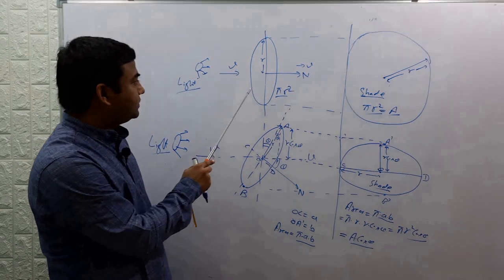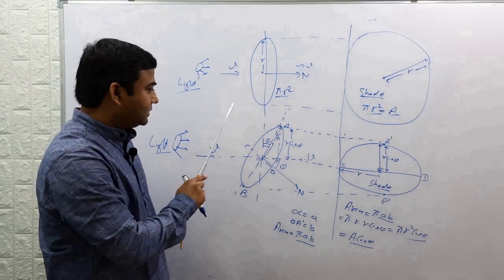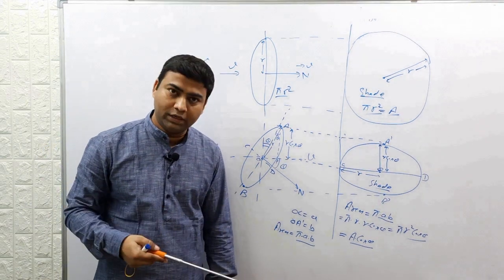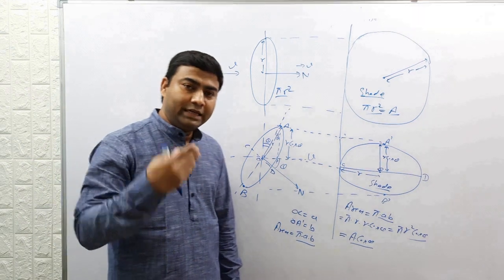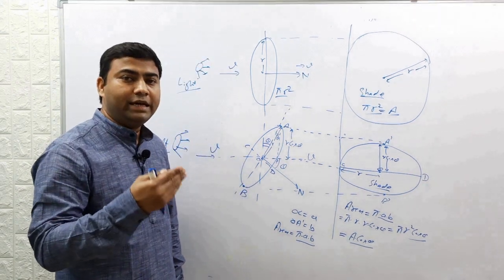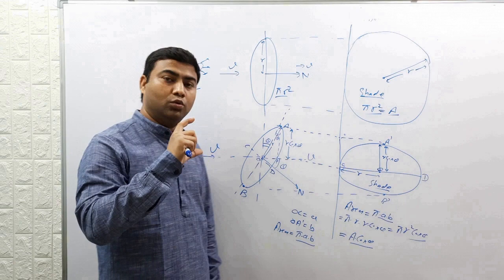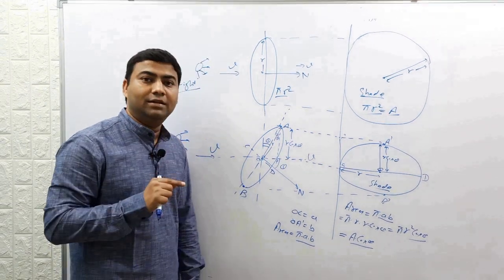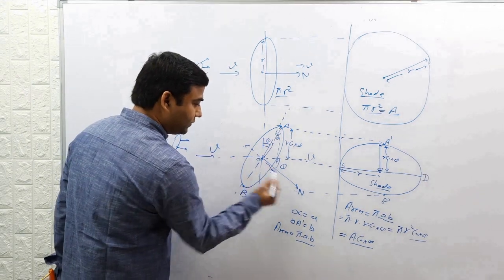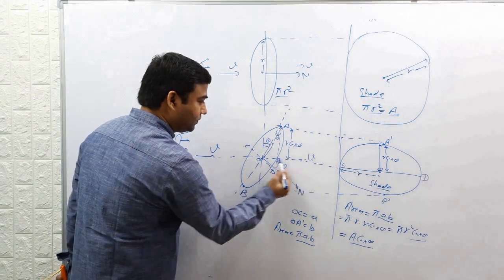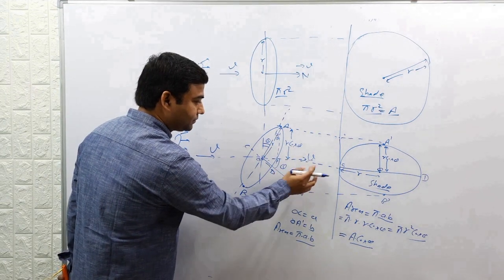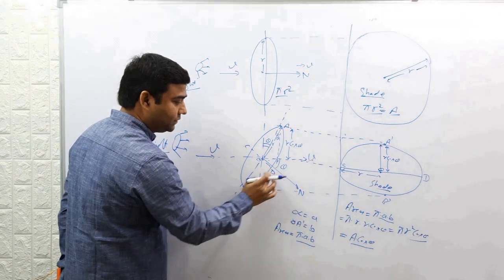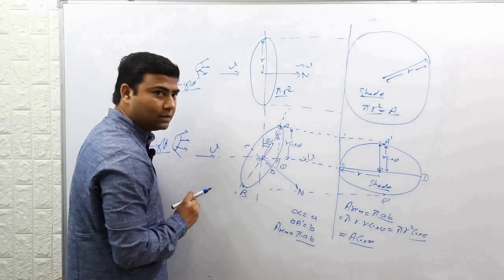So in this case also you have seen, in the circular case the shaded area is A cos theta, which was true for the rectangular case also. You can say the shaded area is always A cos theta, where A is the original area of the surface and theta is the angle between the normal to the surface and the direction of vector field V. That is the direction of the vector field and that is the direction of the normal to the surface, and theta is the angle between both these vectors.